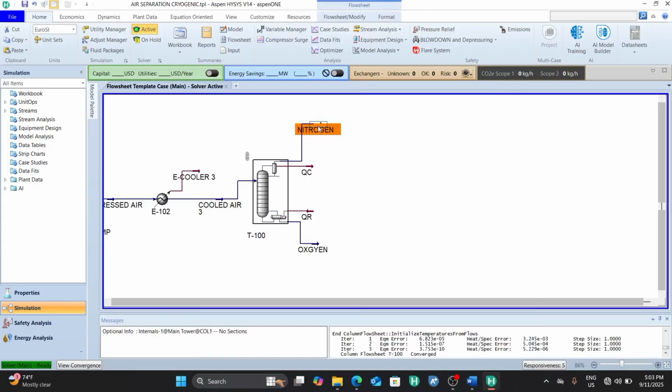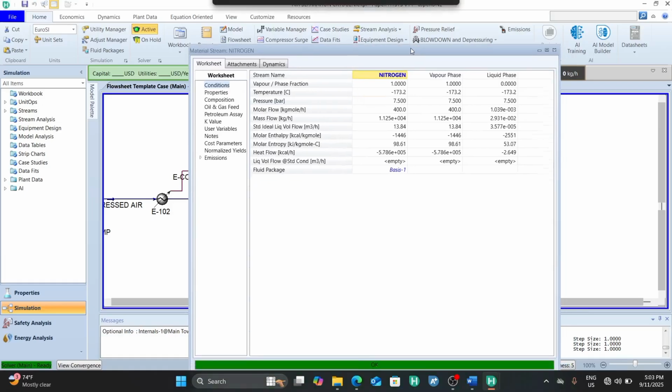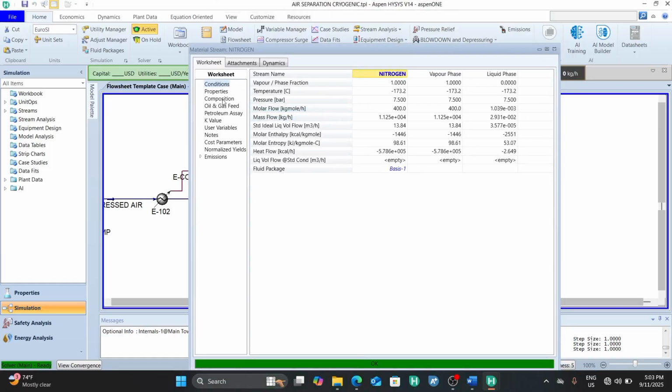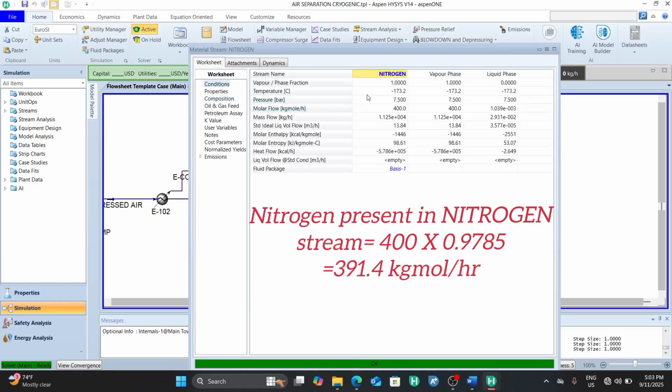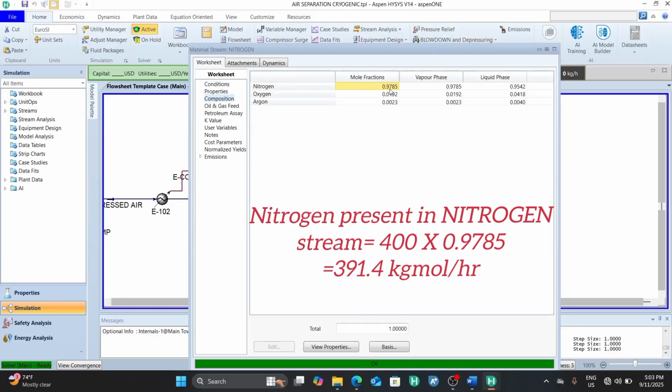And then for the mole fractions, we're having 97.85%. So we're going to multiply 97.85% by 400. So by doing that, 400 times 0.9785, we have 391.4.